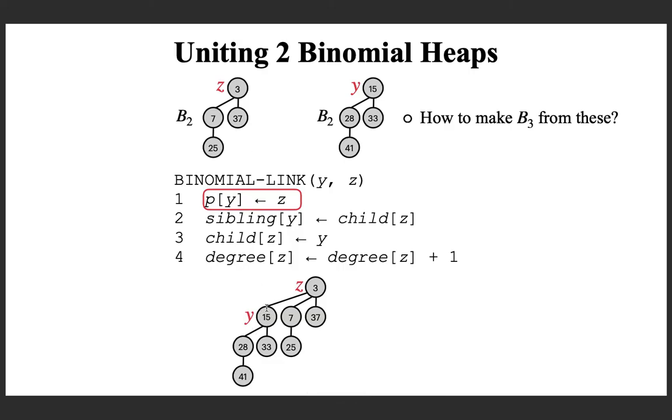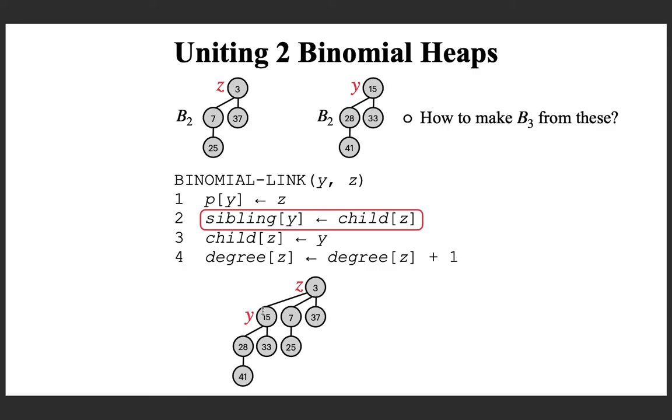Parent of y is set as z. Then what is next? If you recall the node structure, every node has a field called sibling pointing to the sibling of that particular node. And previously the sibling of y was nil because there is no sibling.